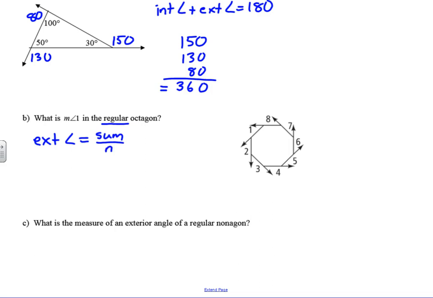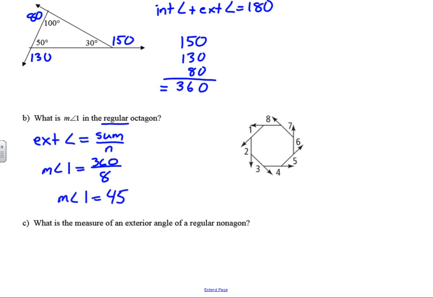The difference, however, is that the sum of all the exterior angles is 360. So I'm going to do 360 divided by 8 to find this angle here. So if we take 360 and divide it by 8, we get 45. So the measure of angle 1 would be 45.